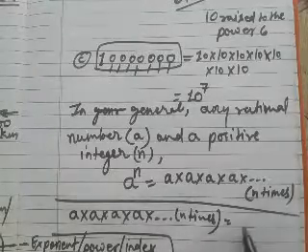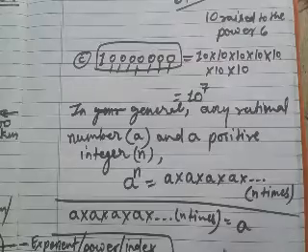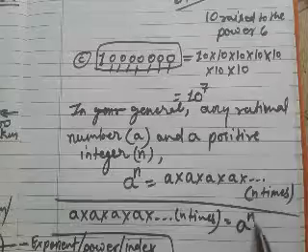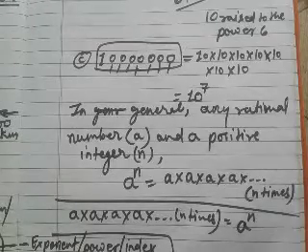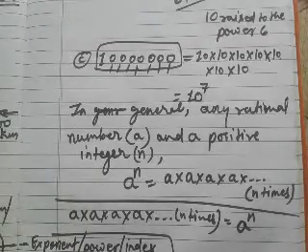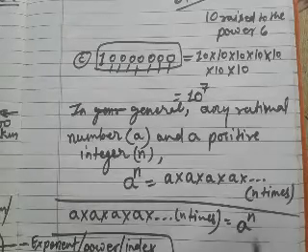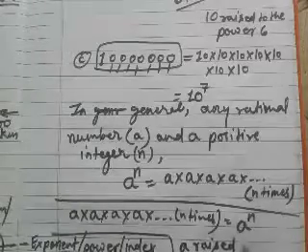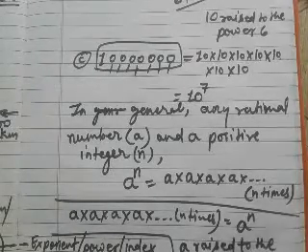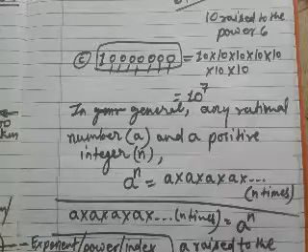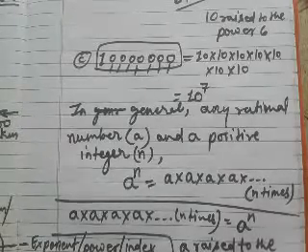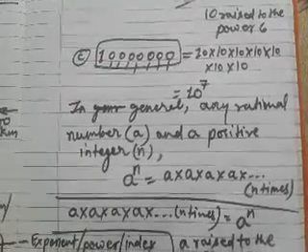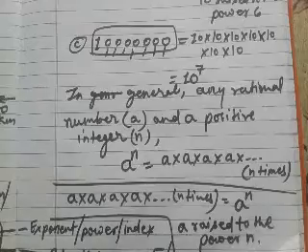Here a is the base of the number, and how many times a is repeated is n times, so its power is n. We read it as a raised to the power n.